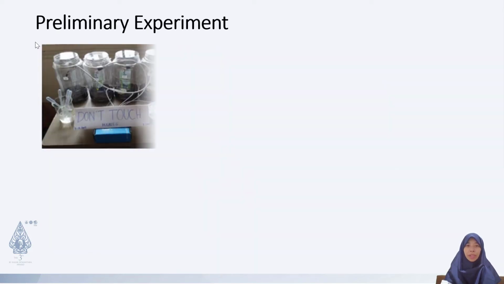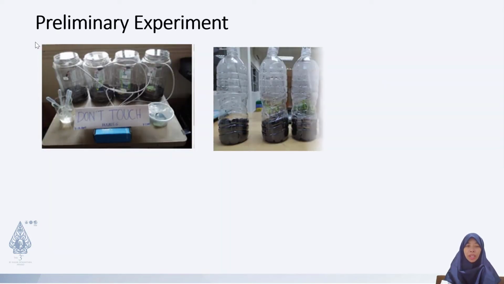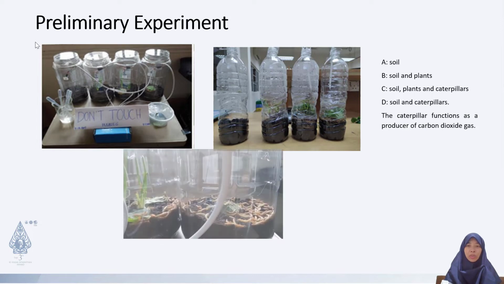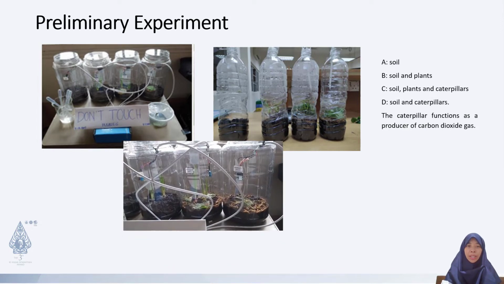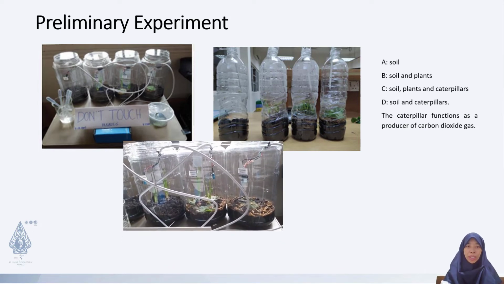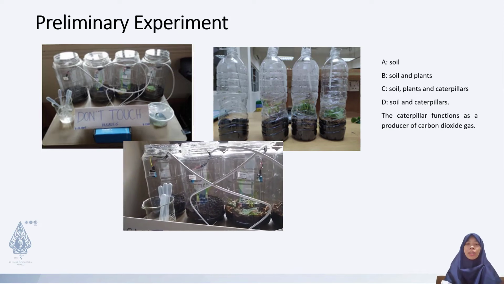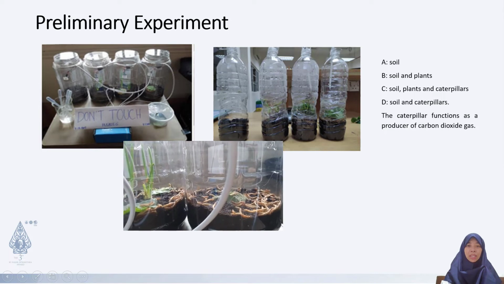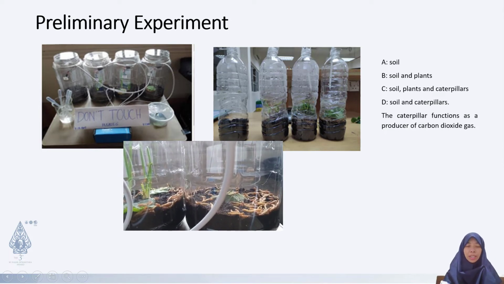Students from 7.1 and 7.2 carried out a prototype project of the greenhouse effect to prove the condition of the earth if there is too much carbon dioxide. After they had a discussion, it was decided that there would be 4 containers with varied content. Container A contains soil, container B contains soil and plant, container C contains soil, plant, and caterpillars, container D contains soil and caterpillars. The caterpillar functions as a producer of carbon dioxide gas.